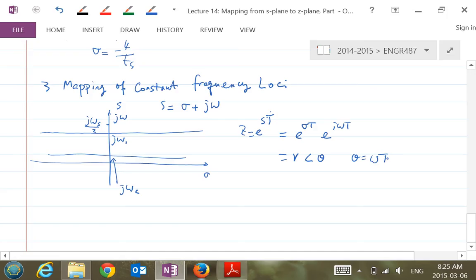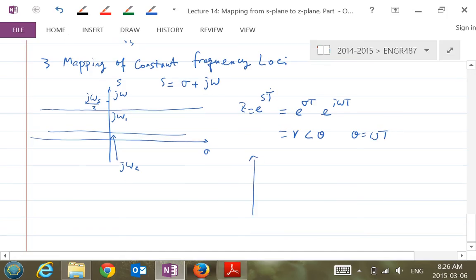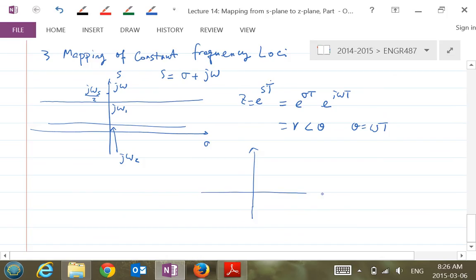So then if I draw the mapping on the z plane, here is the first one, j omega 1. After the mapping, in the z plane, you can have a time varying value for the r, but the theta is always constant.